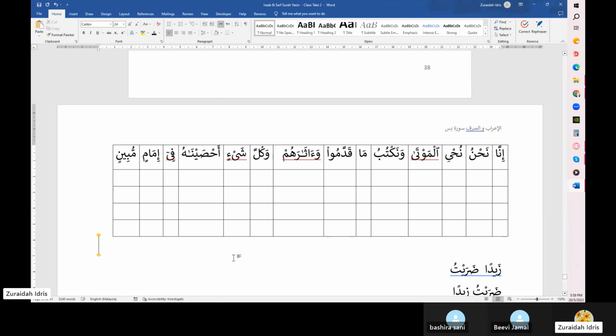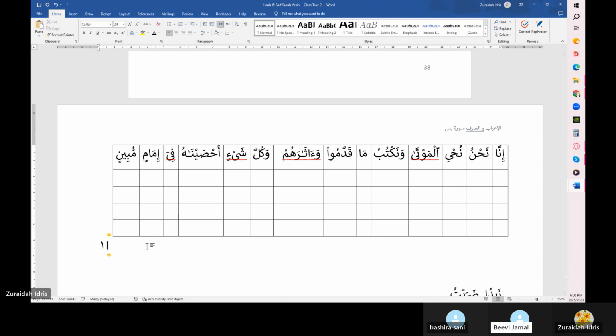The first case, when it is mubtada: indeed we. Indeed we, nuhyi, we give life. We are, because it's mubtada.